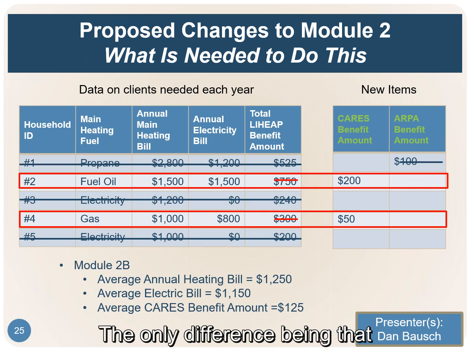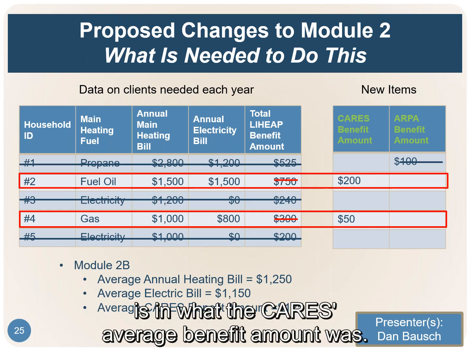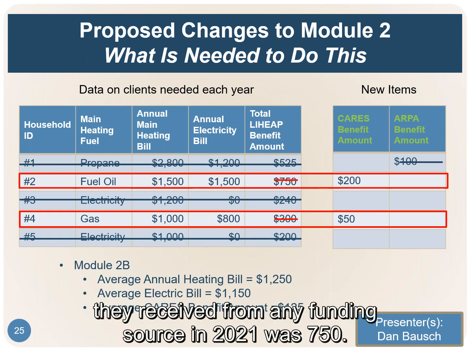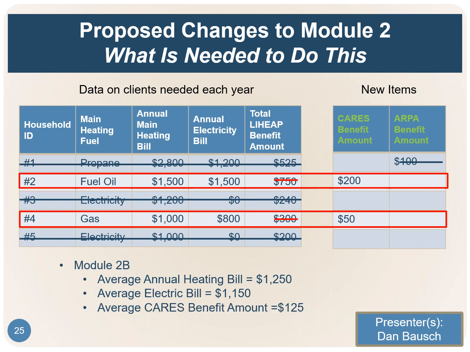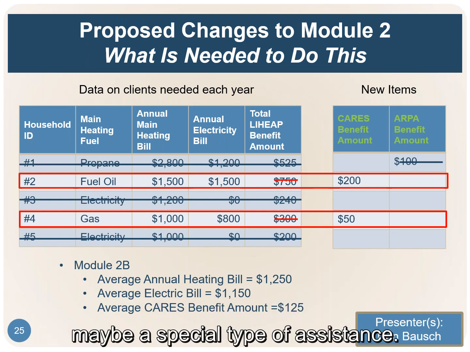The only difference being that for the average benefit amount, the interest is in what the CARES average benefit amount was. So for example, household 2, their total benefits they received from any funding source in 2021 was $750. $200 out of that $750 were from a CARES benefit, maybe a supplemental benefit, maybe a special type of assistance.